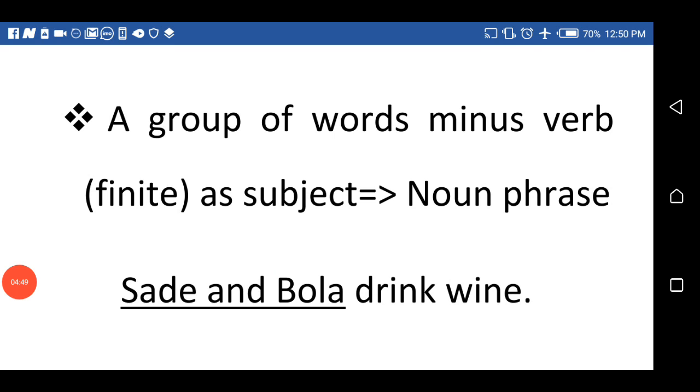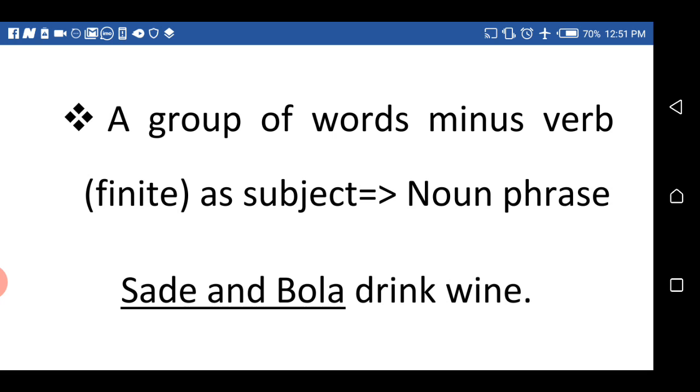A group of words minus a finite verb as subject equals noun phrase. In a sentence where you have Shade and Bola drink wine, Shade and Bola is a group of words termed noun phrase.